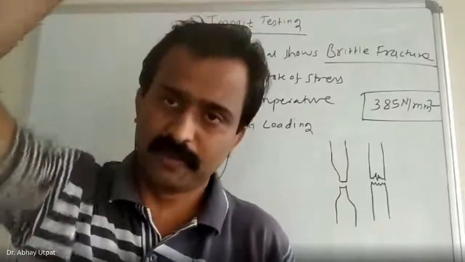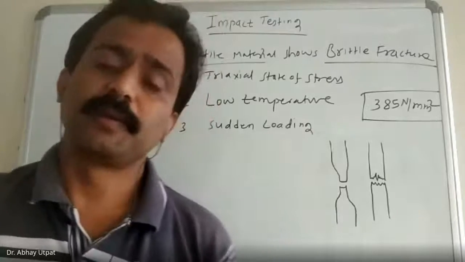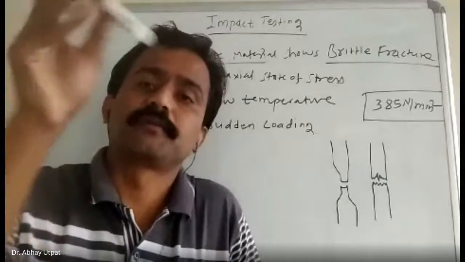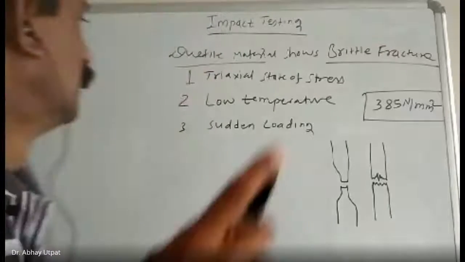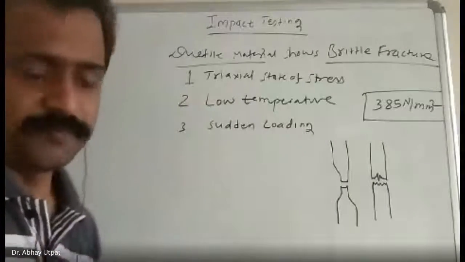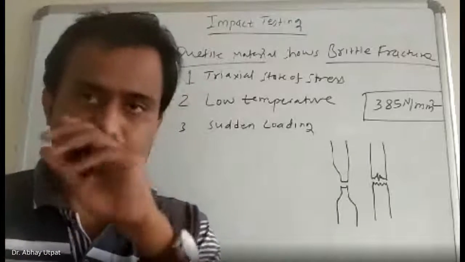So maybe only tension, maybe tension with impact, maybe tension with impact, fatigue, creep, this part will not fail below this value. Now let us see one by one. Triaxial state of stress I explained. The part may come across a number of stresses from all the sides.